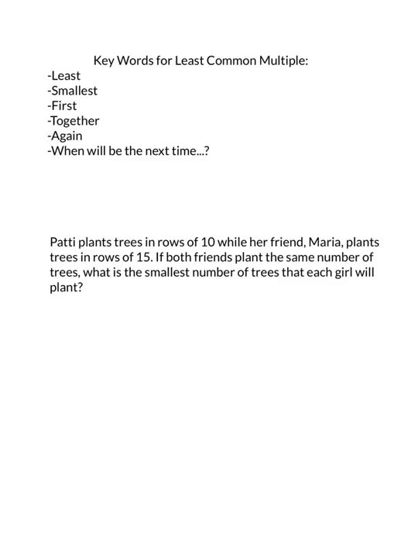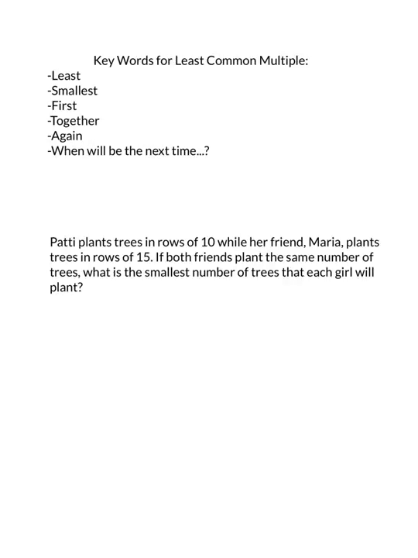So now, just like with greatest common factor, we are going to look at keywords for least common multiple in order to figure out how to solve word problems. So in word problems, we are going to look for keywords as well, and these are some words that tell us that we need to use least common multiple to solve the problem.